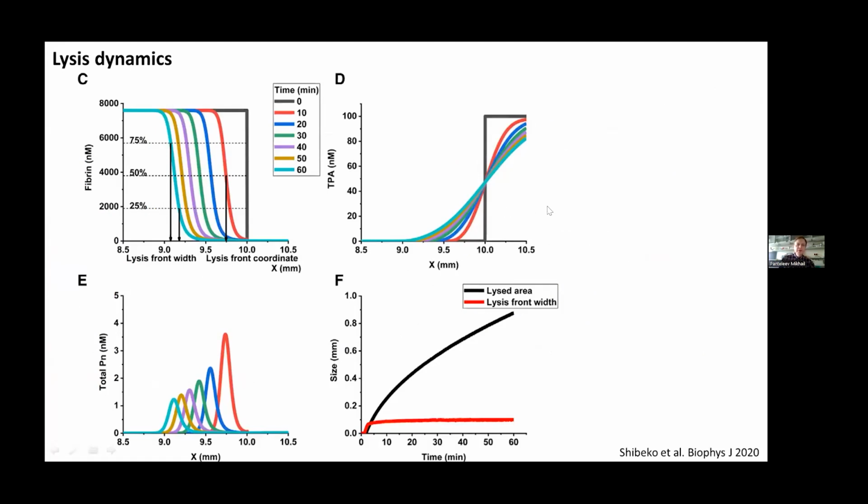And our first impression was that this lysis is greatly determined by TPA propagation inside the clot, because TPA is bound by fibrin like plasmin, and essentially the efficiency of lysis is determined by this binding.